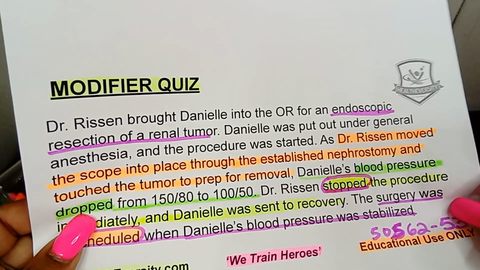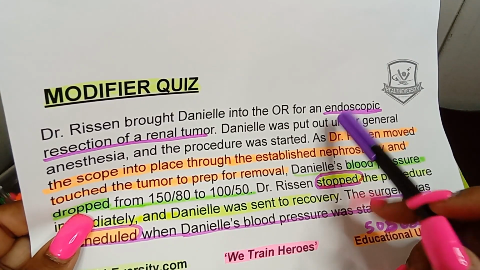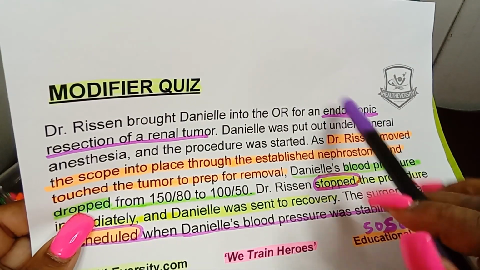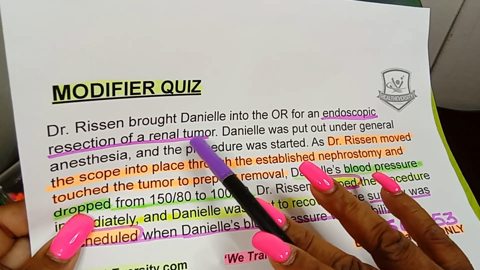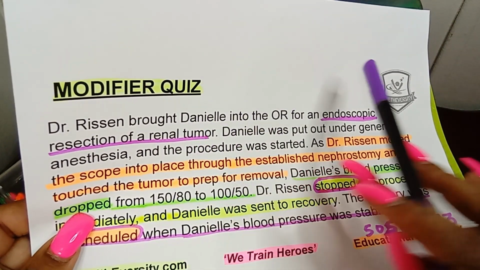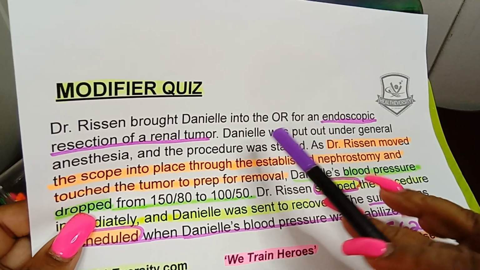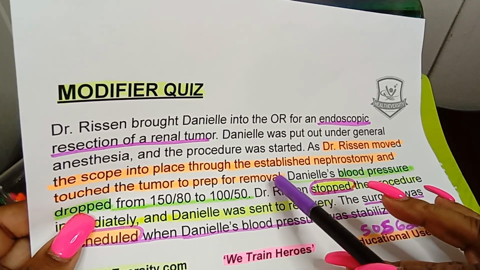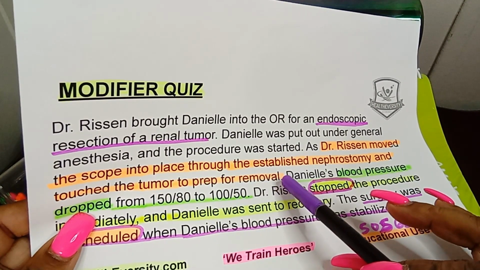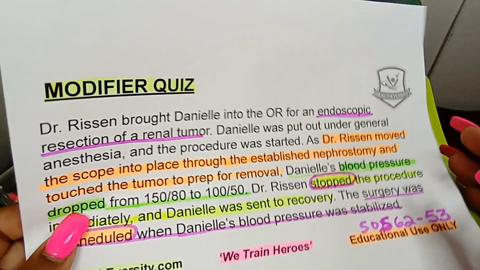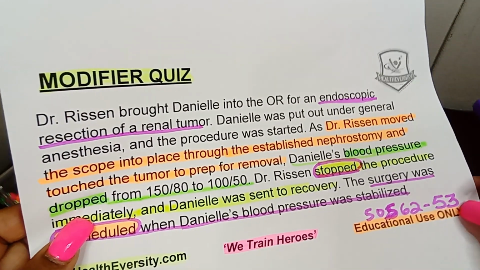So let's look at it a little deeper here. This is what they went in for, the endoscopic resection of a renal tumor. So he started the procedure with the scope, going through the prep for the removal of the tumor. Then the blood pressure started to drop.